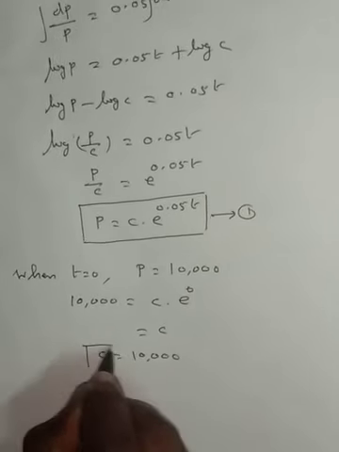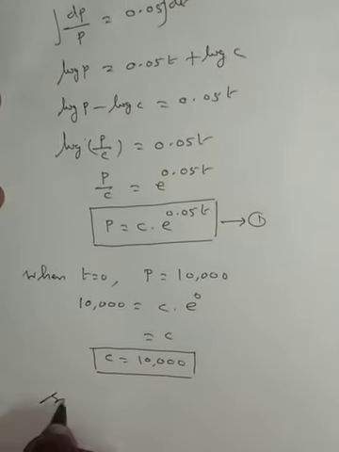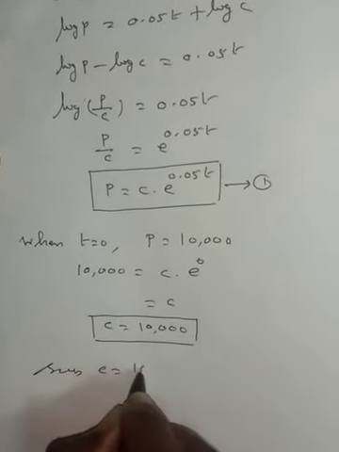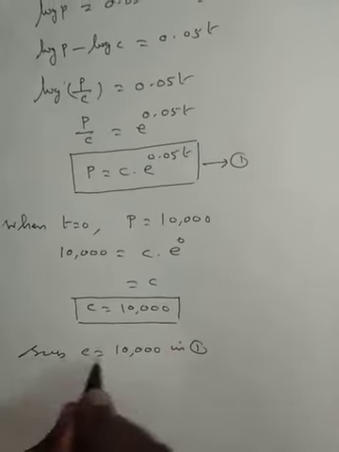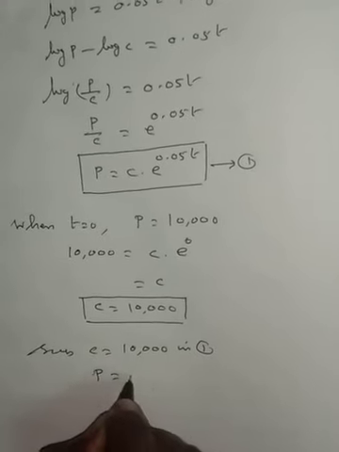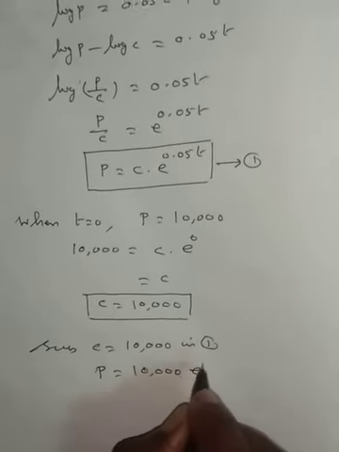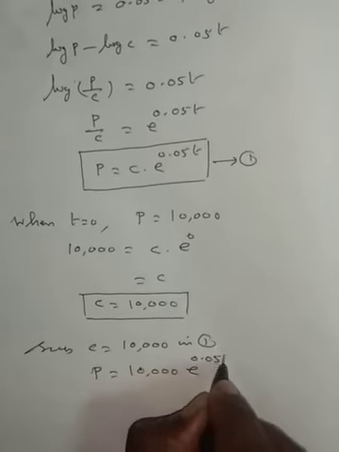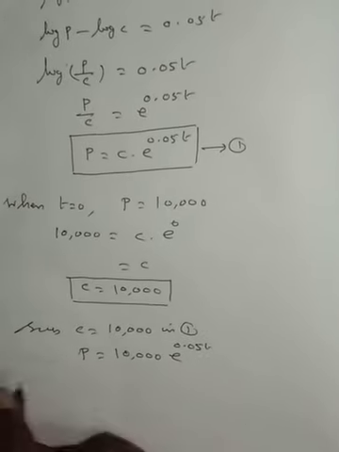Substituting C is equal to 10,000 in equation number 1, we have P is equal to 10,000 e to the power of 0.05 t.